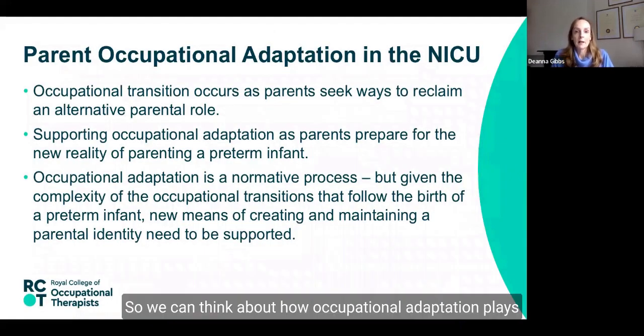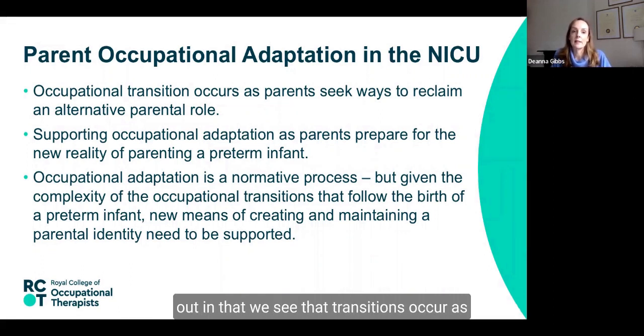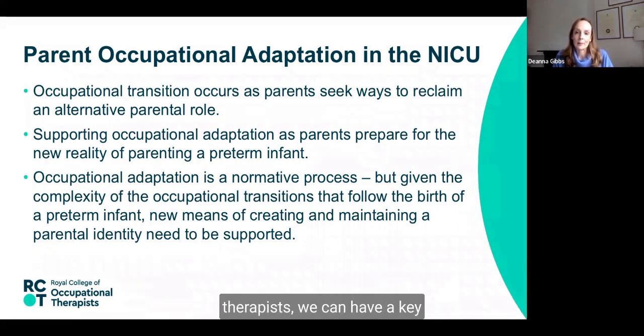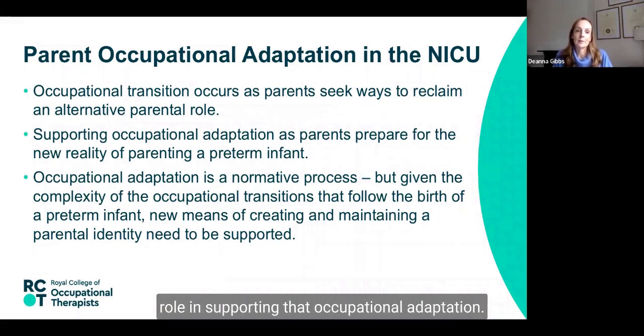So we can think about how occupational adaptation plays out in that we see that transitions occur as parents seek ways to reclaim an alternative parental role. And certainly for us as occupational therapists, we can have a key role in supporting that occupational adaptation as parents prepare for this new reality of parenting a preterm infant.